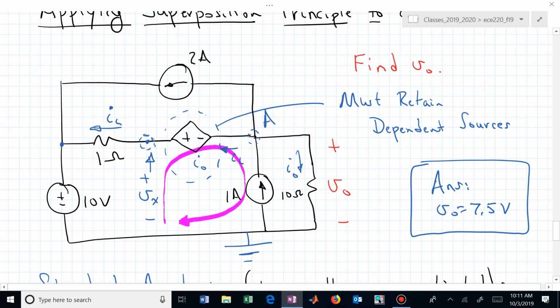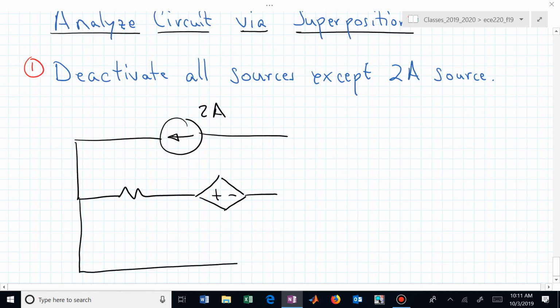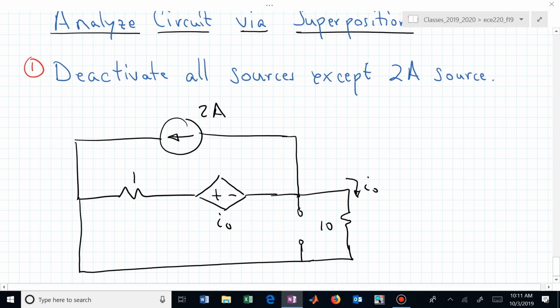That I extract or open, and what I'm left with then, and to make this distinction, I'm going to call that V sub 0 the first component under this first scenario where the only active independent source is going to be the 2 amp current source.